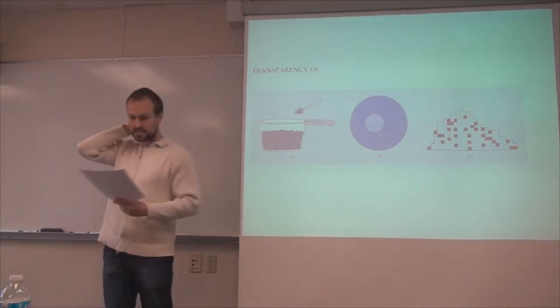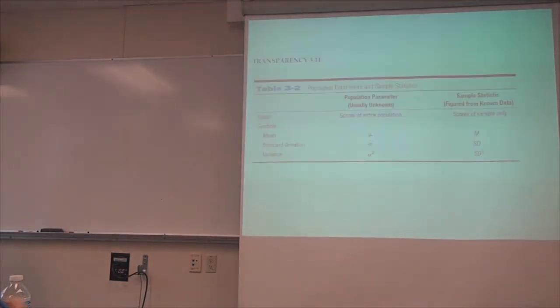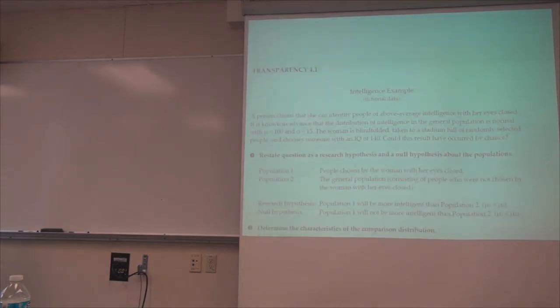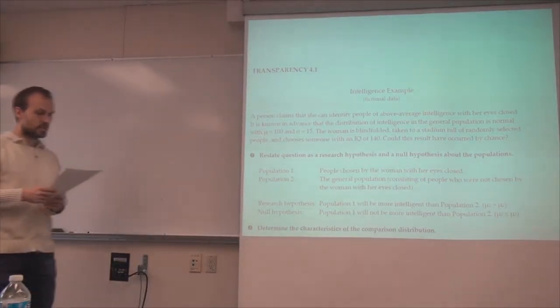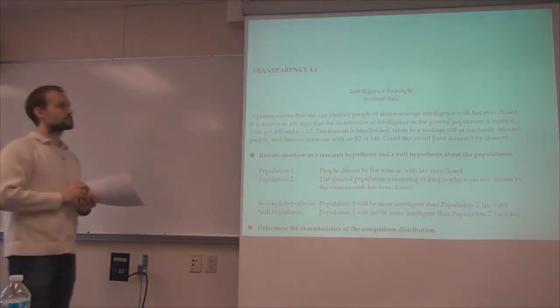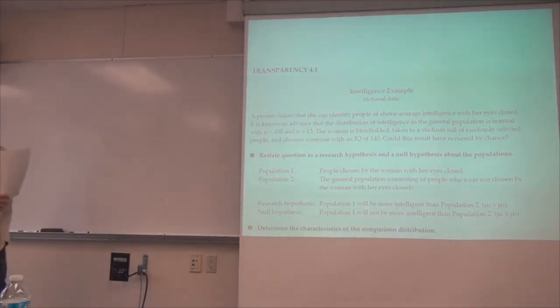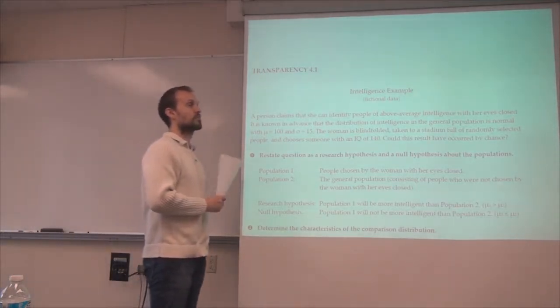Okay, so here is an example that's maybe a little more relevant than beans. So don't look at the rest too much, I'm just looking at the question. So I have a person, and she claims that she can identify people with above average intelligence with her eyes closed.